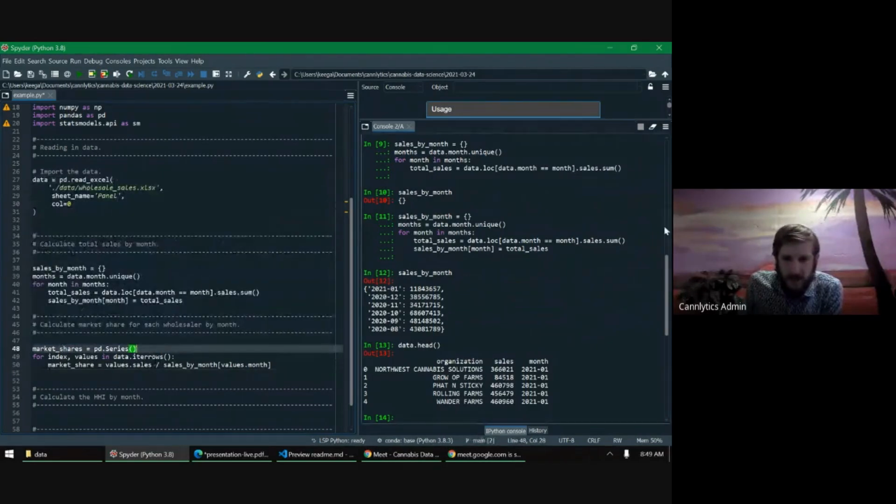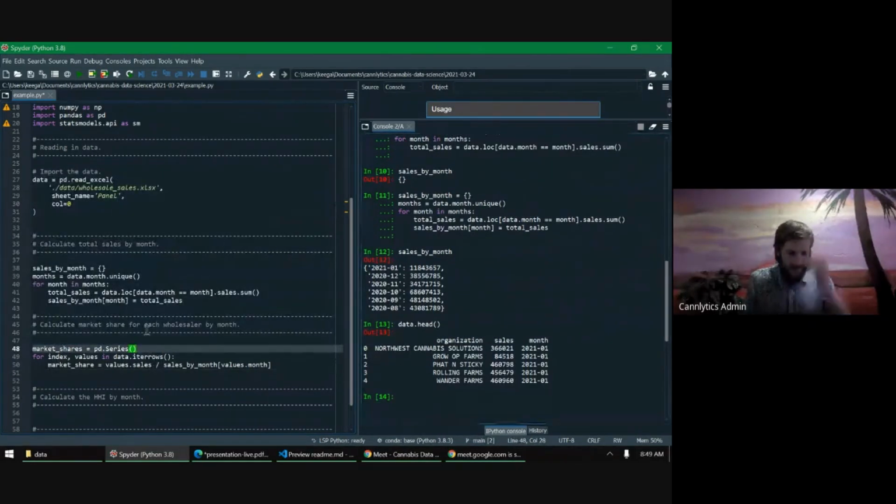And I wonder if we could just assign this to the data itself.